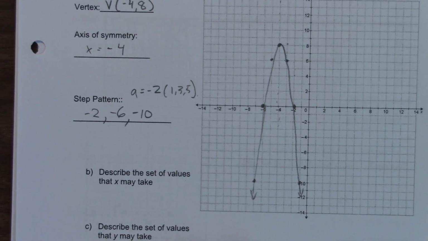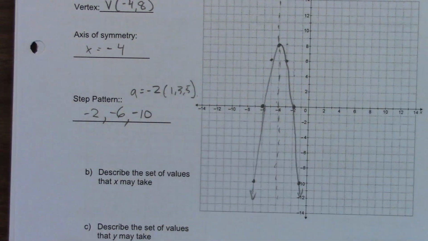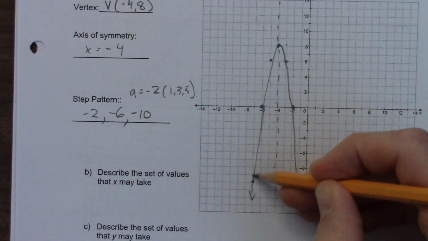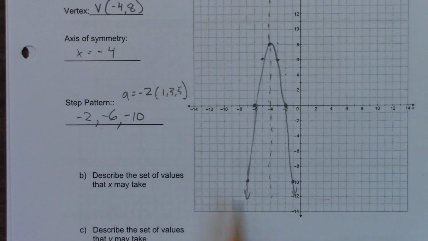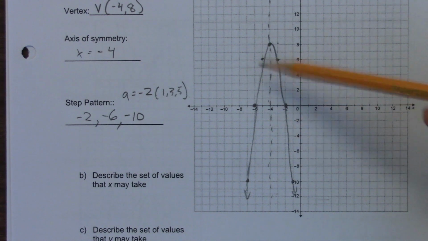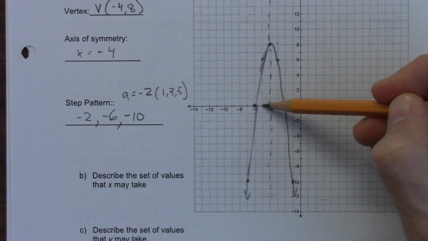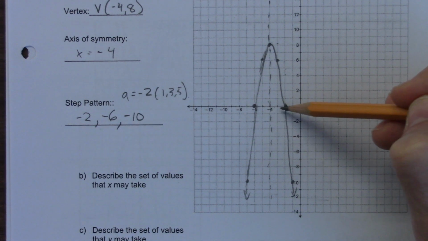Right? It says describe the set of values that x may take. There's my axis of symmetry. So what can the values of x be? So remember, x is the horizontal axis. Okay? Because my line is passing through all of these numbers, all the fractions, you know, it's passing through -3, -6, -5, -4, -4.5, -3.25.